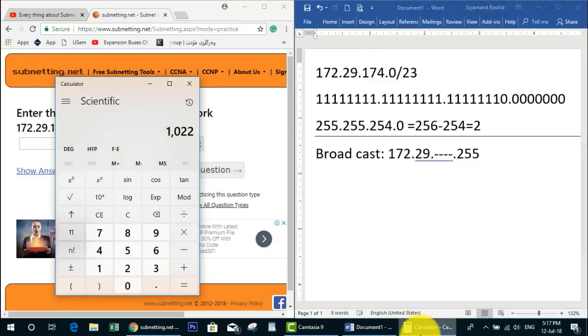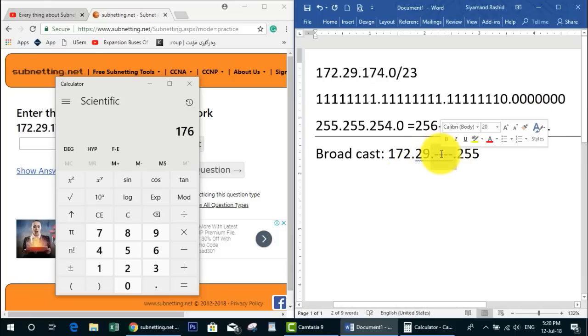Let's get the calculator. Plus 2, 176. So our number is 176.